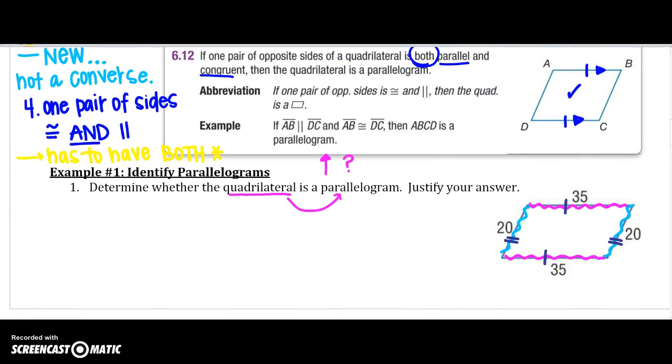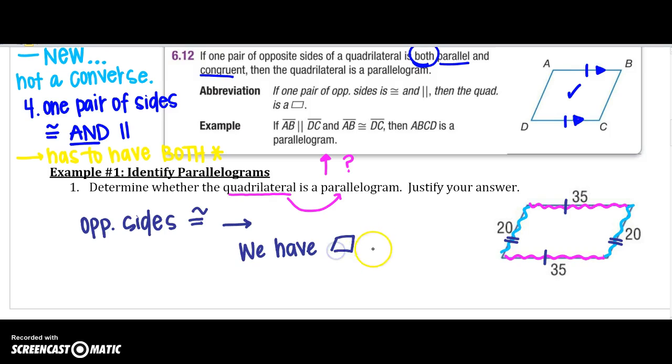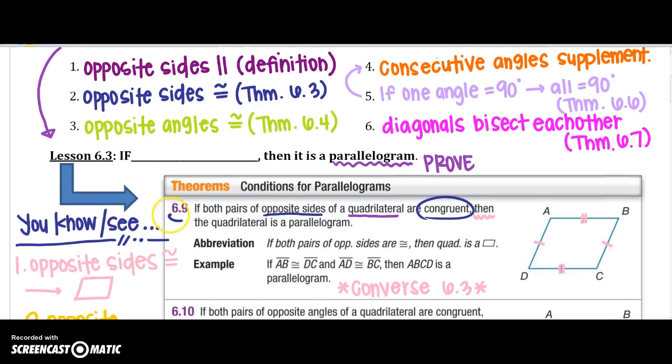So because I have opposite sides that are congruent, then I know we have a parallelogram. To justify our answer, I'm just going to say theorem 6.9, which is right what we talked about right up here, theorem 6.9.